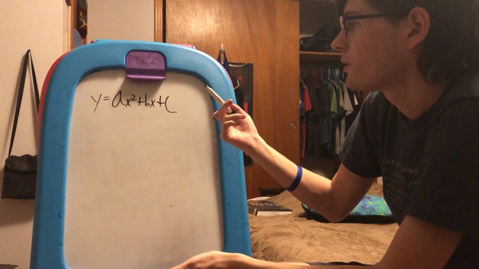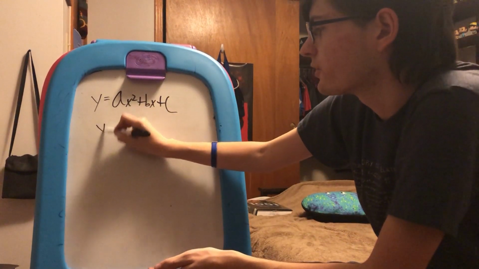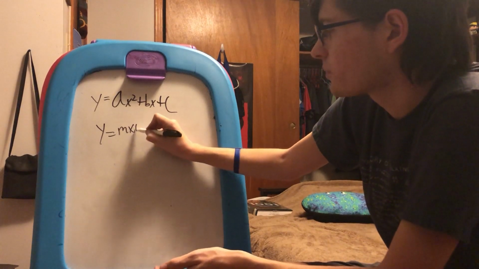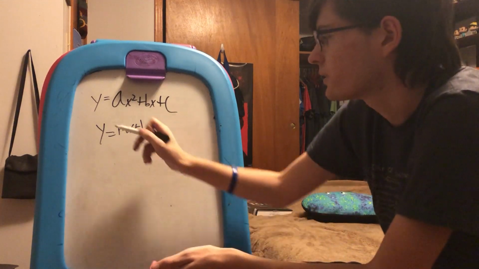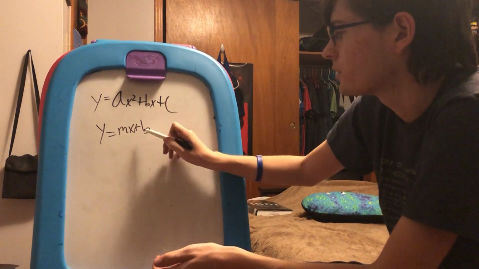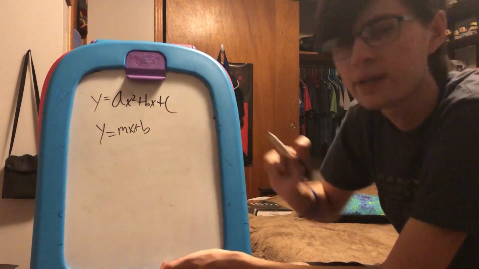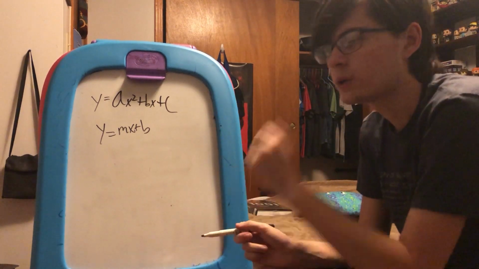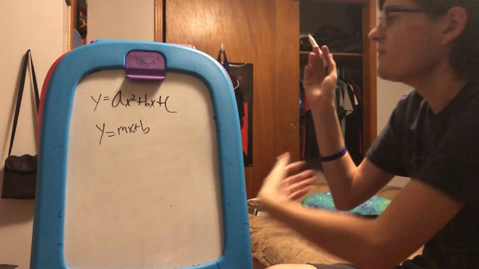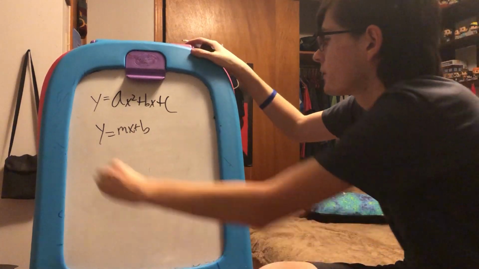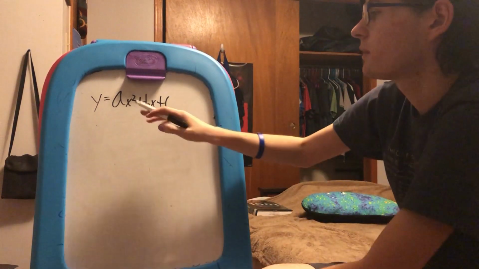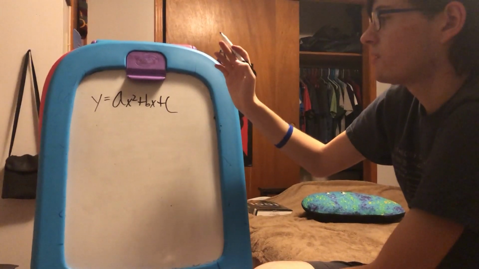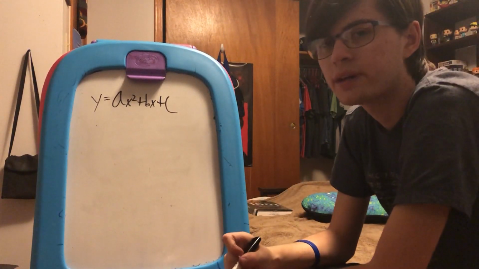So with a linear equation, y equals mx plus b, it's pretty easy. All you do is a little bit of algebra: set y equal to 0, subtract b, divide by m, and you have x where y equals 0. The problem with trying that with the quadratic equation is it's really hard to isolate the x.